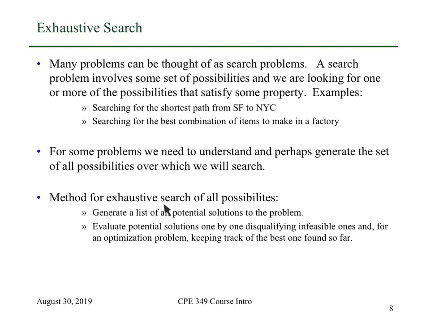And how does exhaustive search work typically? Well, we generate a list of all the possible solutions to the problem and evaluate those potential solutions one by one, disqualifying infeasible ones, in other words, ones that don't meet some conditions that must be satisfied. And for optimization problems, we keep track of the best one that we've found so far.